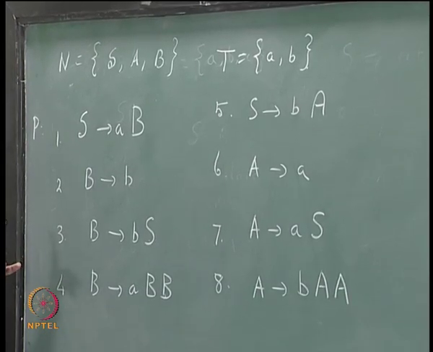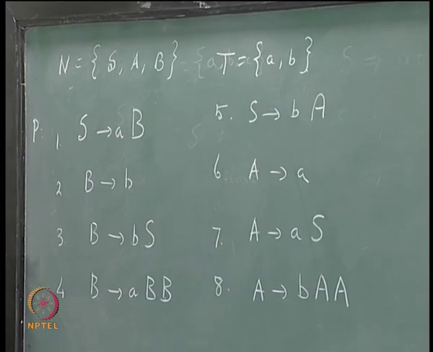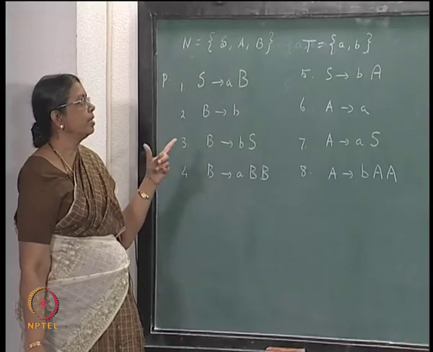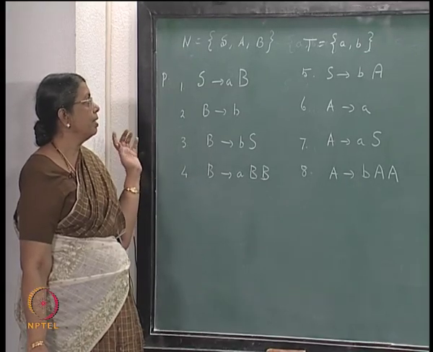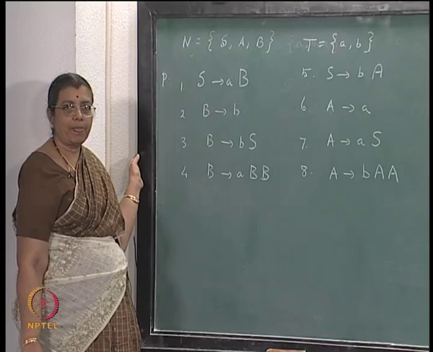S is the start symbol, right. There are 8 rules, 2 terminal symbols A and B and 3 non-terminals S, capital A, capital B.